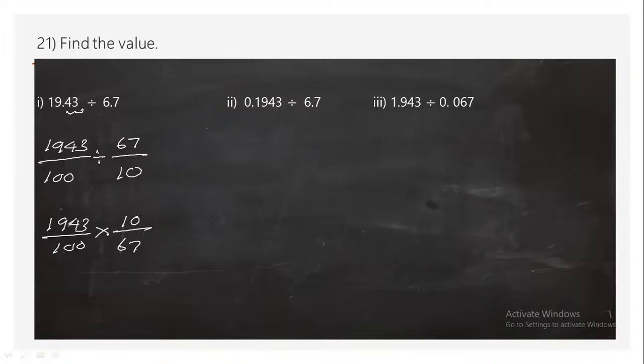Now divide 1943 by 67. Sorry, 29 are there. I just divide by long division and see. 67 into 194, there are 2. 2 times 7, 14, 1 remaining. 2 times 6, 12 and 1, 13.